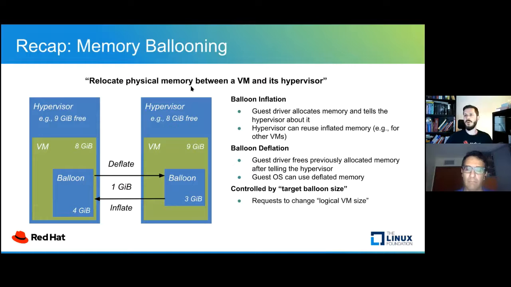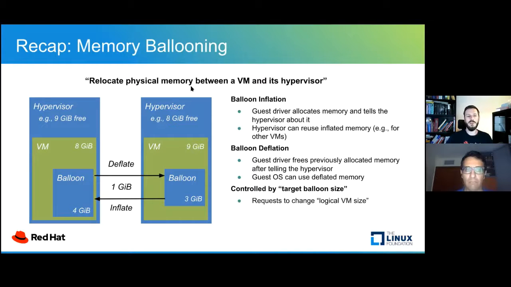And the implementation in an operating system is also pretty simple. There is a driver running in the guest operating system, which simply allocates memory and coordinates with the hypervisor, and when it wants to get some memory back for deflation, it simply frees previously allocated memory after coordinating with the hypervisor.